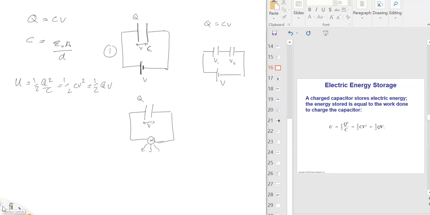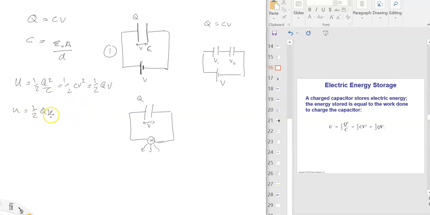So what are these equations? They all say the same thing. It's good if you can remember all of them, but even if you remember one of them, that's still good enough.